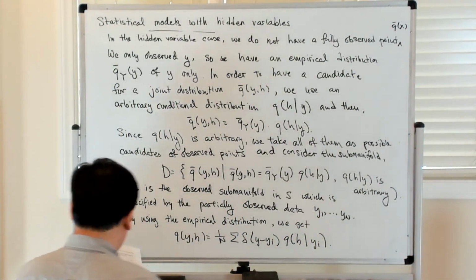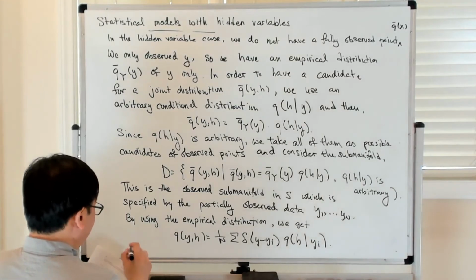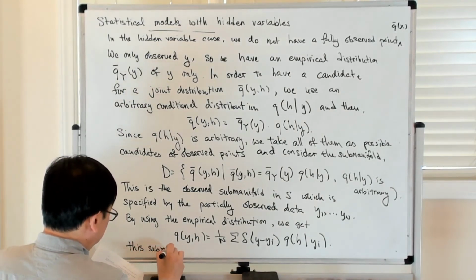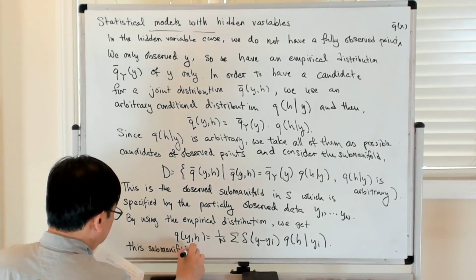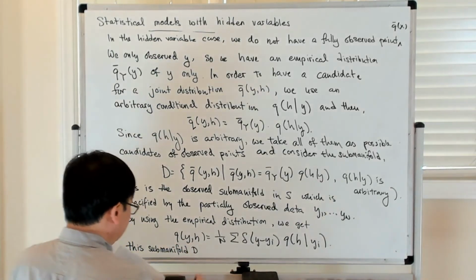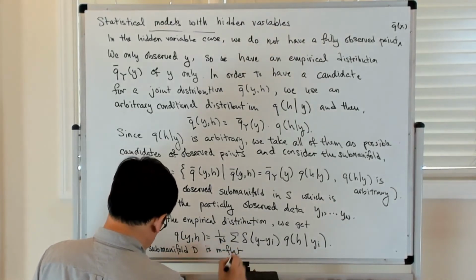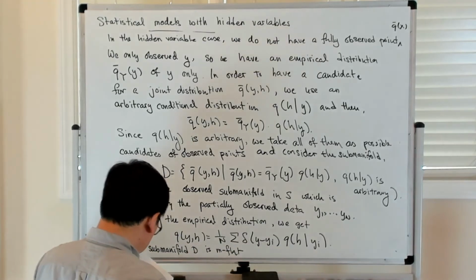Okay, so this submanifold D is m-flat because it's linear with respect to this conditional probability.